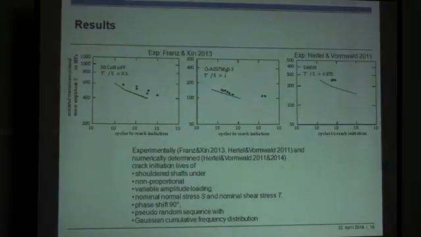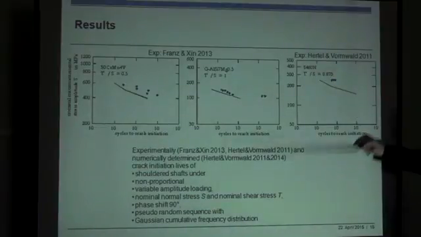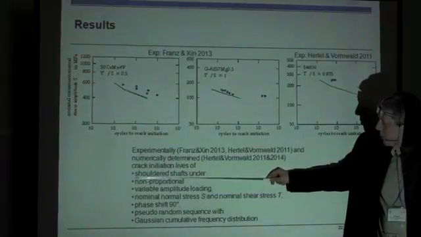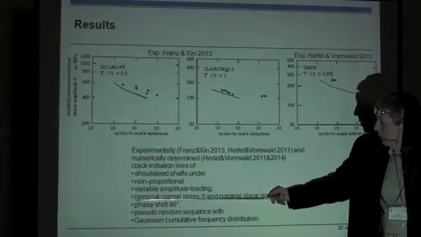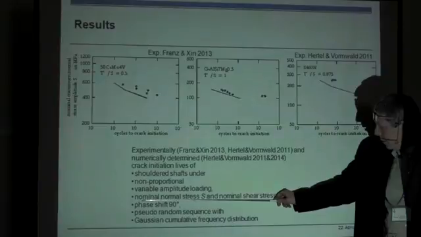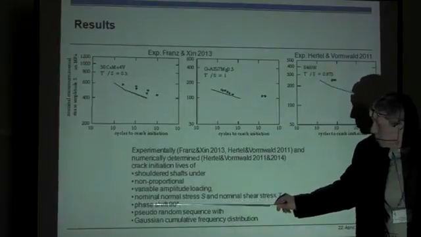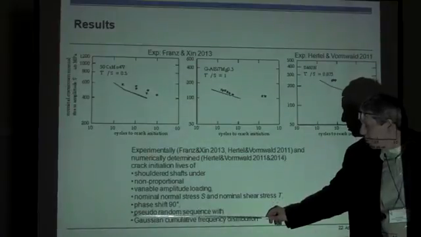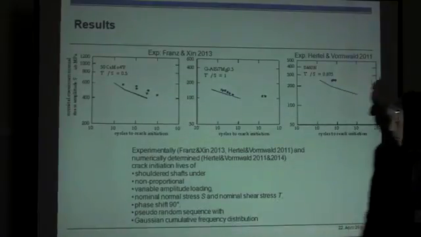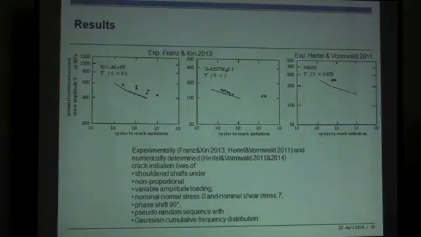In common, all of these results are experimental results on shouldered shafts under non-proportional variable amplitude nominal normal stress and nominal shear stress, with a phase shift of 90 degrees between them, a pseudo-random sequence with Gaussian cumulative frequency distribution.